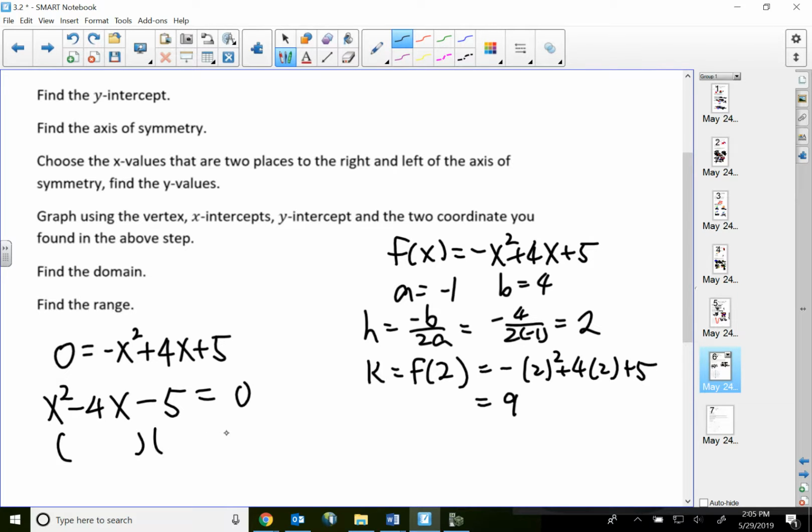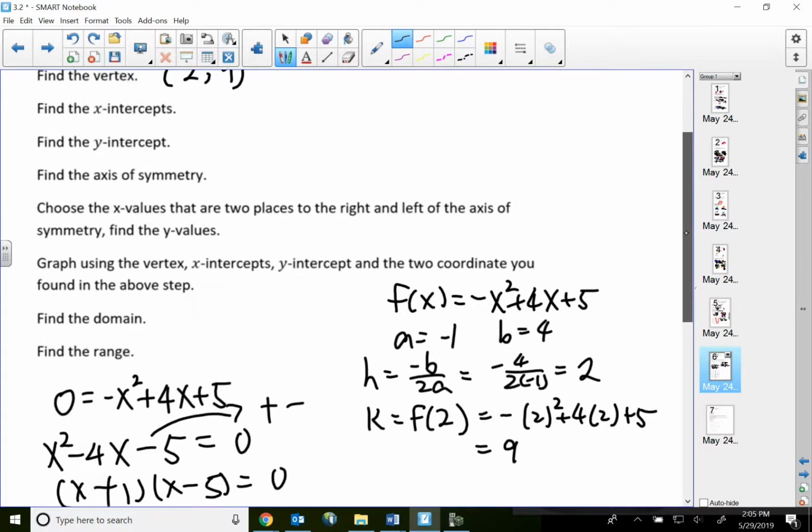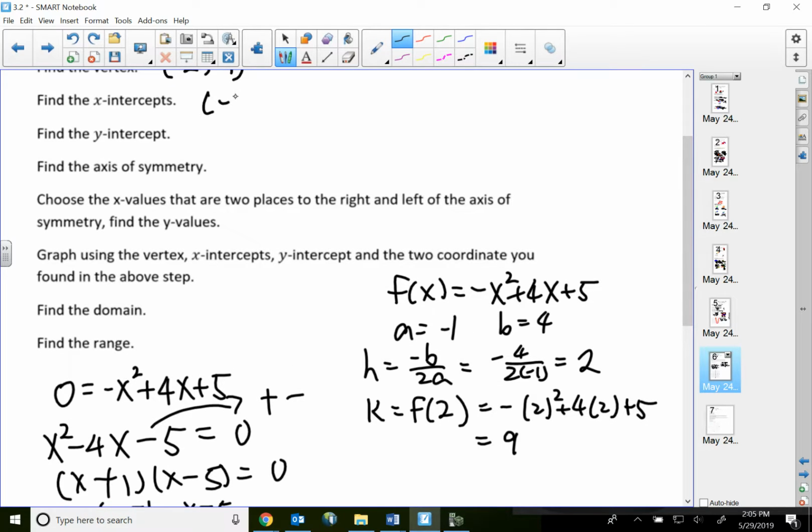I think this problem is factorable. Since the last sign is negative, the choice for the signs is 1 positive, 1 negative. So to end up with a -4 in the middle, I need -5 on the outer, +1 in the inner. So when I set each one of these factors equal to 0, my answers should be -1 and +5. So my two x-intercepts are -1, 0 and +5, 0.